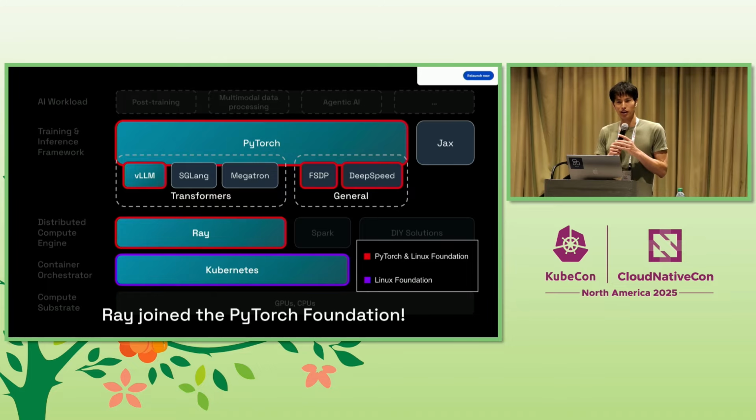And then you asked about KubeRay. So KubeRay is a Kubernetes operator that makes it easy to deploy Ray on Kubernetes clusters, and it's a separate repo in the overall Ray GitHub organization.